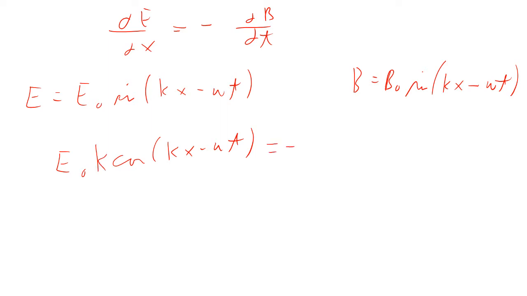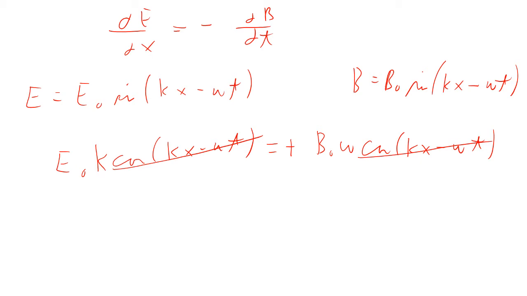That's equal to minus the derivative of B. So we get B naught. The derivative of the sine is the cosine. So cosine kx minus omega t, and we get a minus omega out. So that minus makes that minus a plus, and we get an omega. Those two are both on the same side.